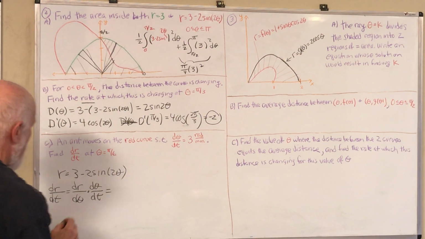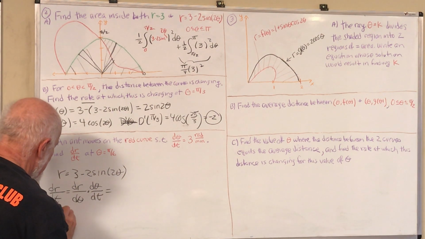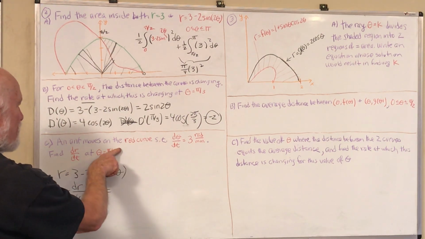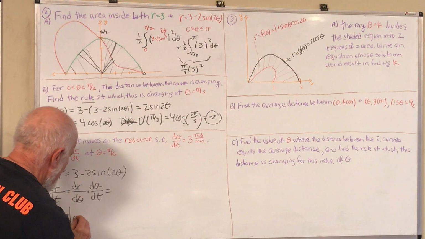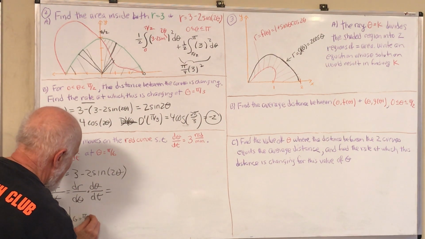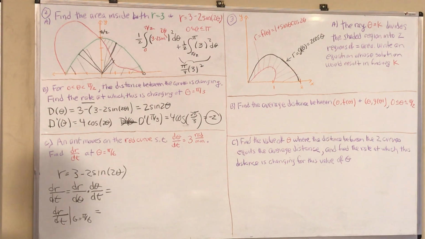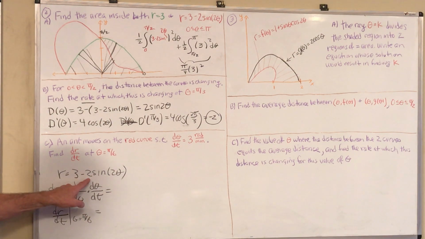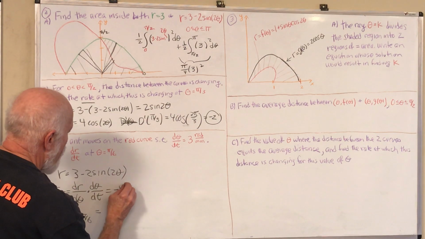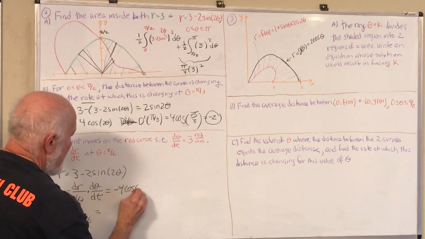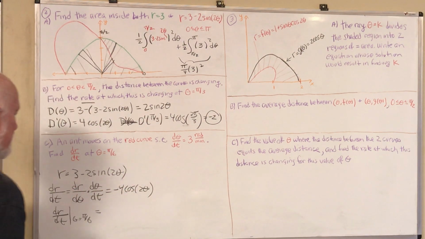So if we want to find it at a specific place when theta equals pi over 6, we can just go first, what is dr d theta? Well, we have to take the derivative. It's 0 minus 4 cosine of 2 theta.